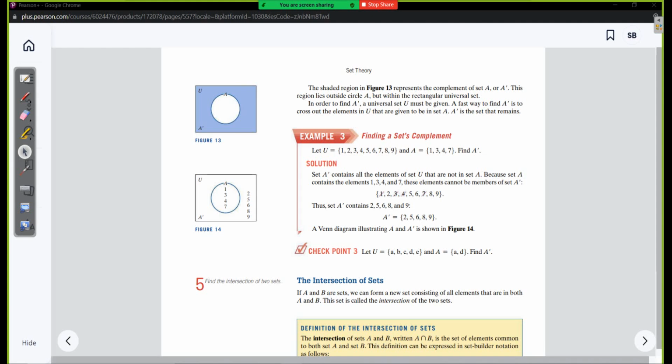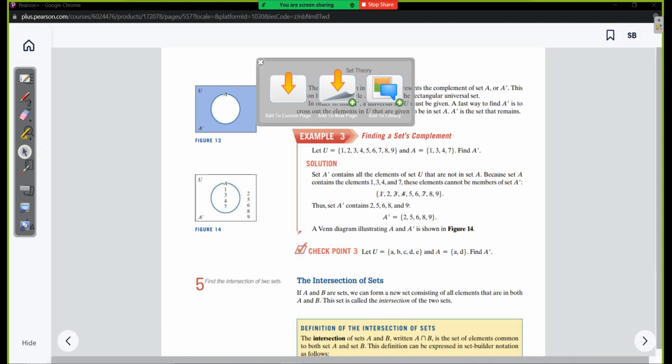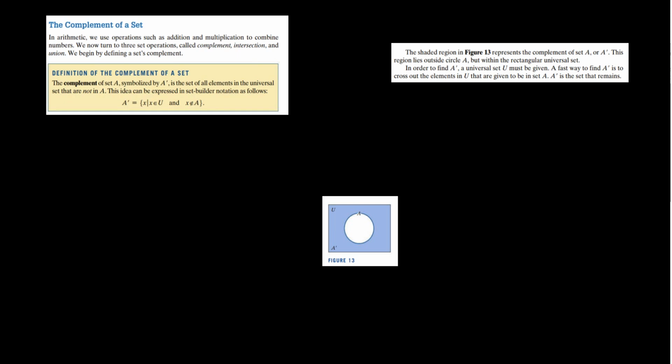Well, you've probably heard of complement, but not this kind of complement. But all complement basically means is we're looking for elements that are not in that particular set. So looking at the definition, let's make this vertical.